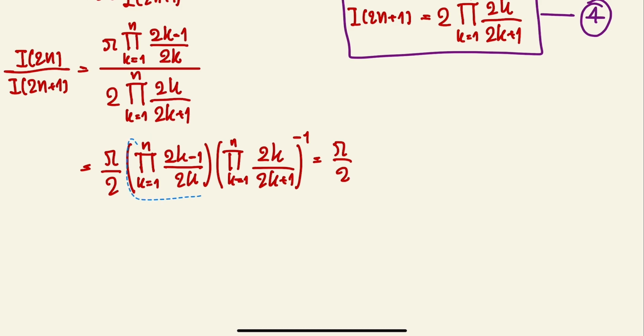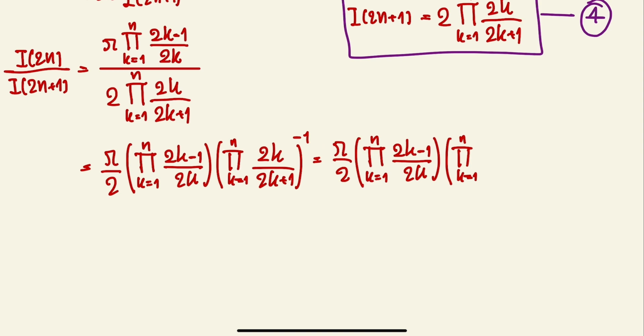So we're going to have pi over 2. I will copy this term: 2k over 2k plus 1 raised to the negative 1.